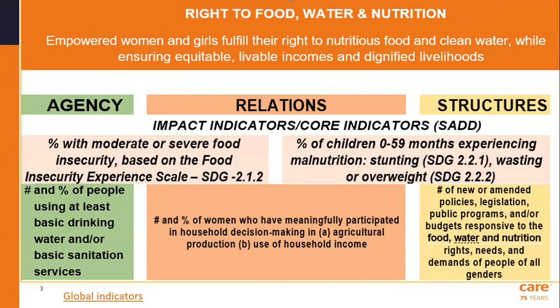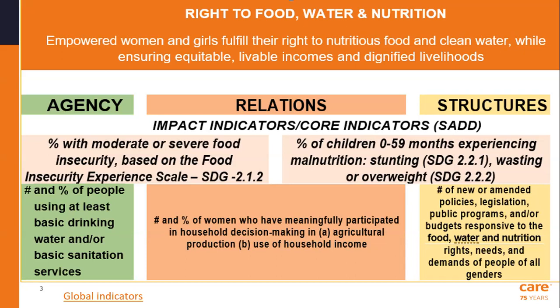So we have selected indicators for agency, relations, and structures, meaning that we will be able to tell our impact story on the three dimensions of gender equality. So these are the FWS global indicators, which coincide with the Sustainable Development Goals and help us to tell the impact story at the global level as well.